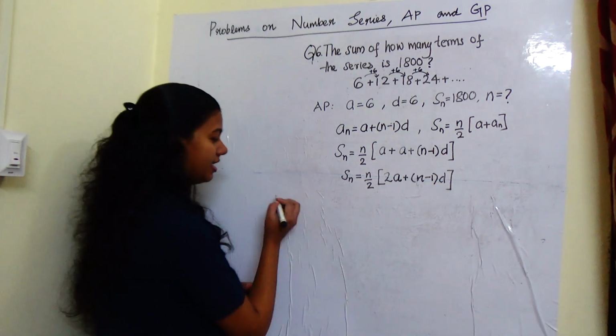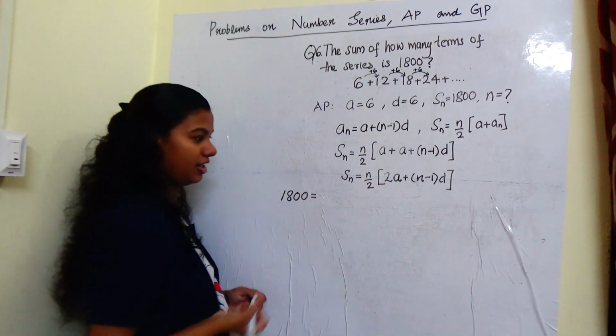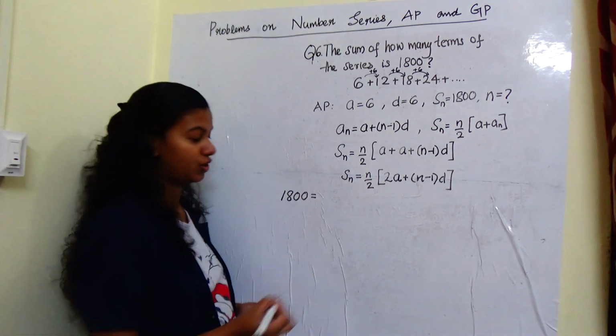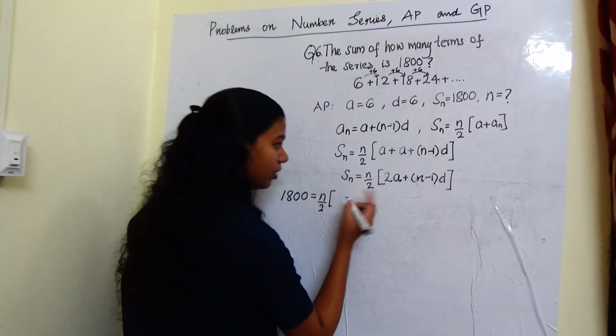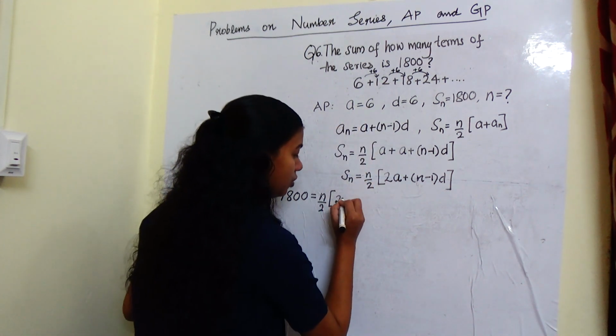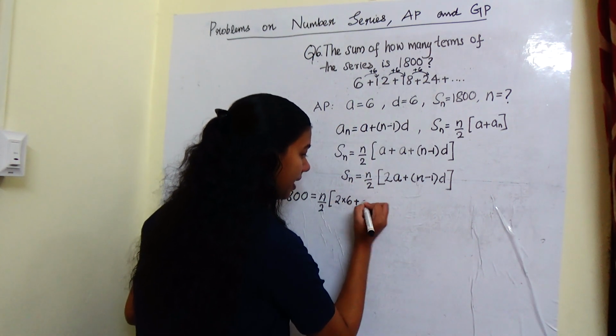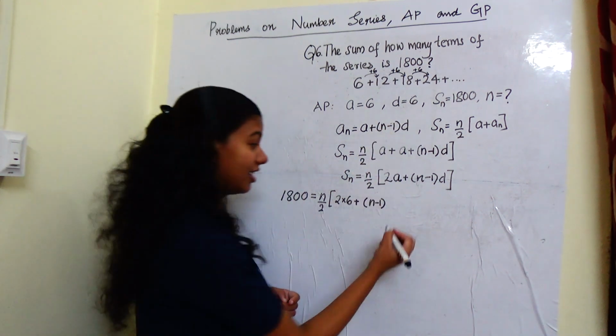I get Sn can be written as 1800 equals, n is unknown. So I write n divided by 2 into 2 into a, a is 6, 2 into 6 plus n minus 1 into d, d is 6.